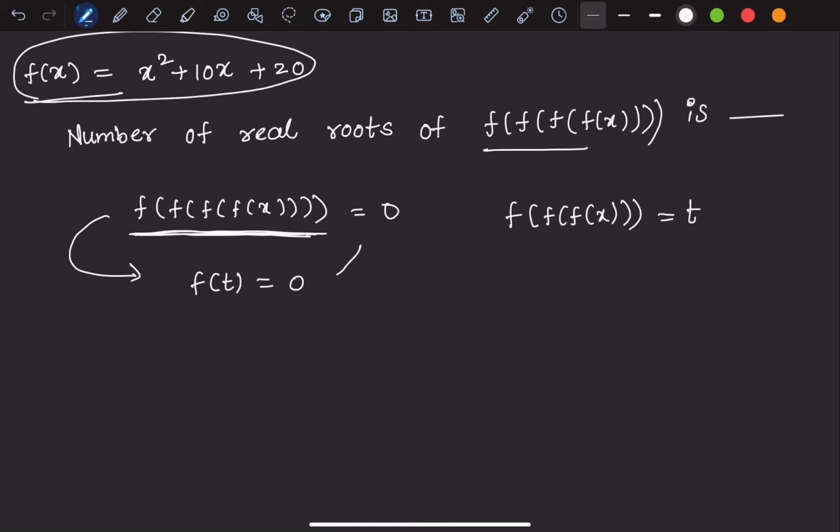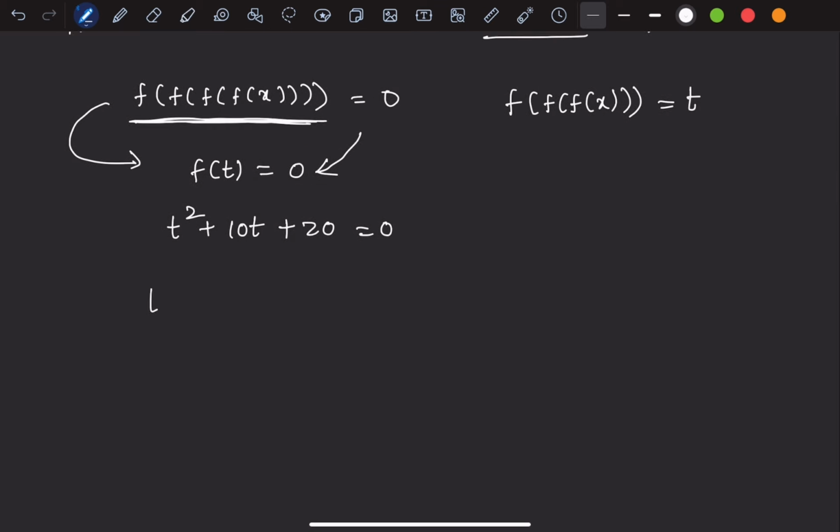So what values of t make it 0? It is simple. You just have to take this equation. Since you have f of x here, your f of t will be this. And when you find the roots, it will be minus b, which is minus 10, plus or minus root of b square, which is 100, minus 4ac, that will be 80, divided by 2a.